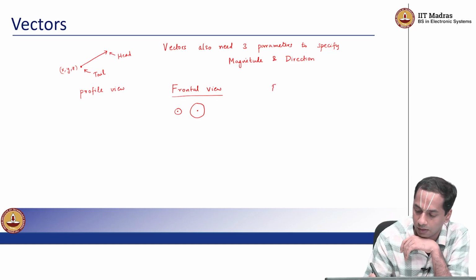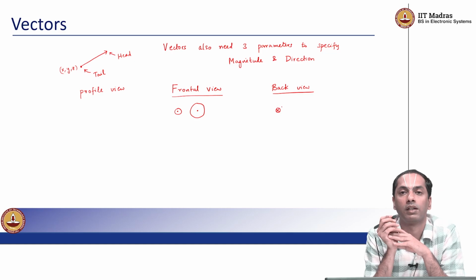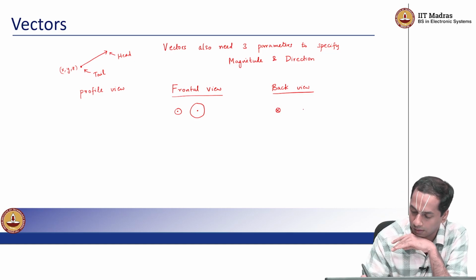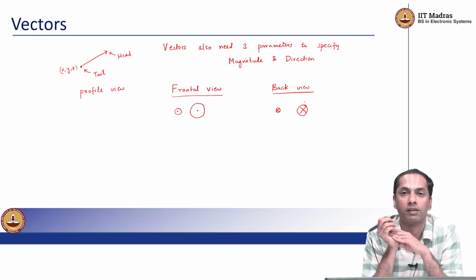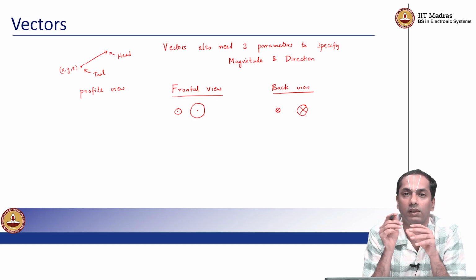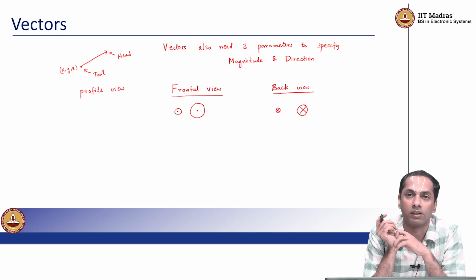And then we have the back view as well, where we use a cross and a circle around the cross, and again, in order to indicate magnitude or strength, we just grow the size of the circle and the cross, right?